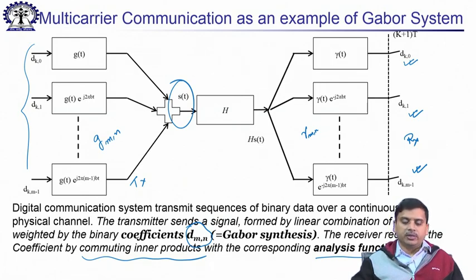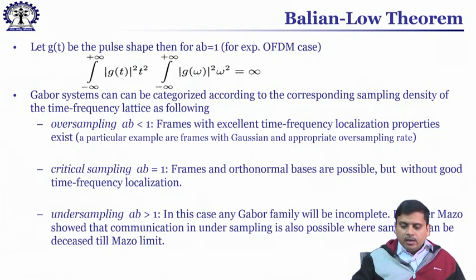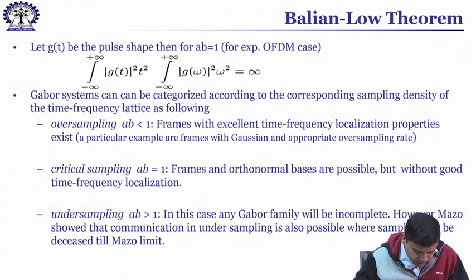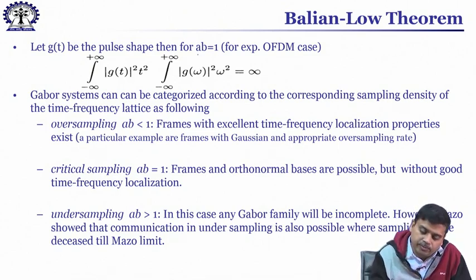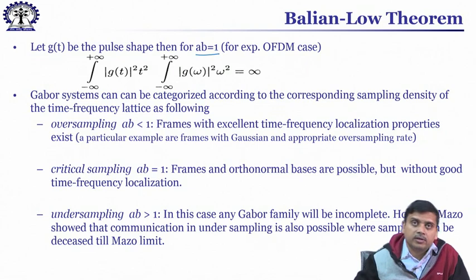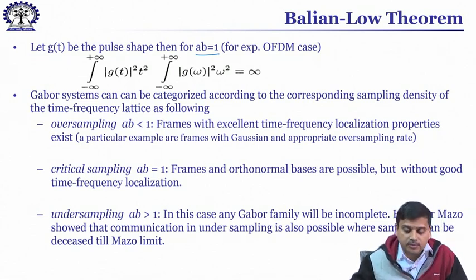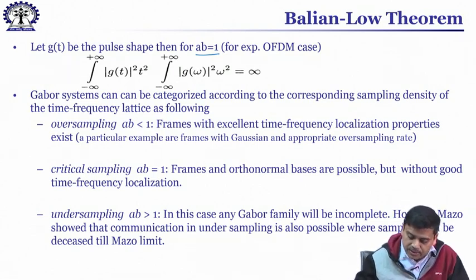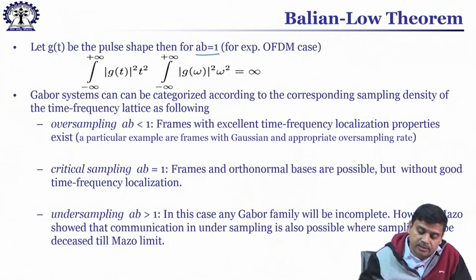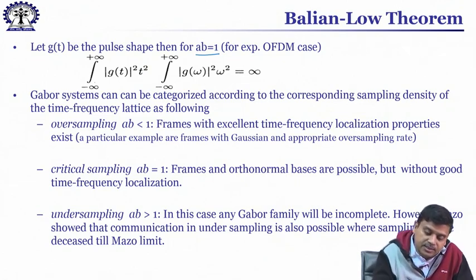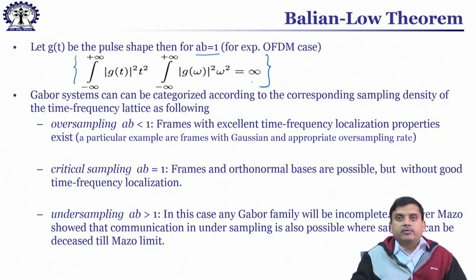Then we move on to the generalized frequency division multiplexing architecture. Before we proceed there, a few more things we need to look at. If g is the pulse shape, then for the product ab equals 1, where a and b we had said are the tiling basic coefficients, which is the scenario for OFDM, we find that the Balian-Low theorem states that the signal cannot be well contained in time and frequency.